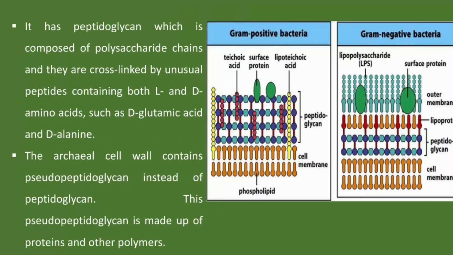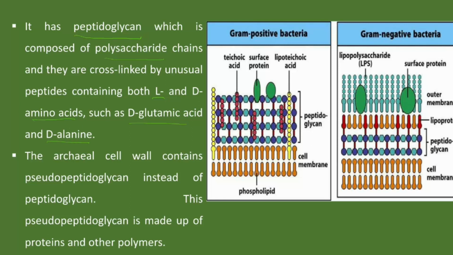And we can see here a detailed structure of gram positive as well as gram negative bacterial species. So it has peptidoglycan, this point is very important, which is composed of polysaccharide chains cross-linked by unusual peptides containing both L and D amino acids such as D-glutamic acid and D-alanine.